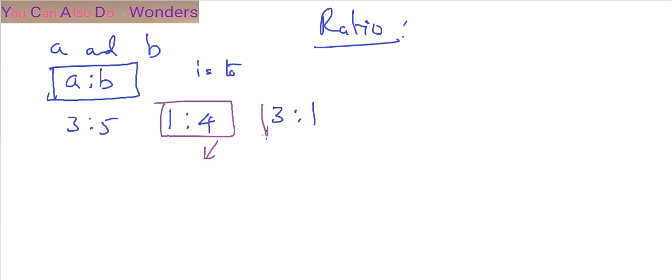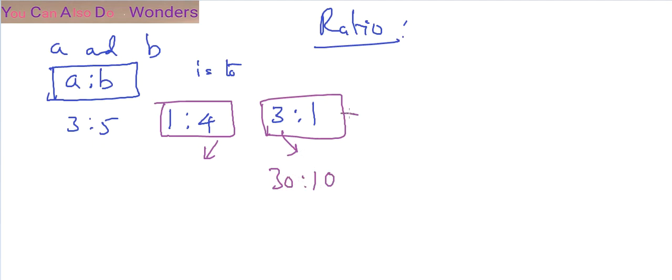So here 3 is to 1, in this case the first quantity is 3 times the second quantity. Even 30 is to 10, even in this case, the first quantity is 3 times the second quantity.